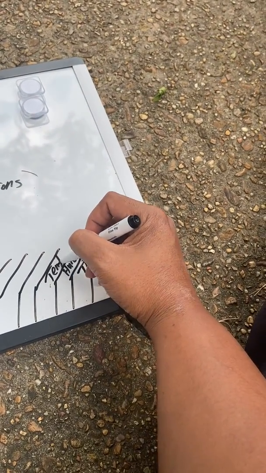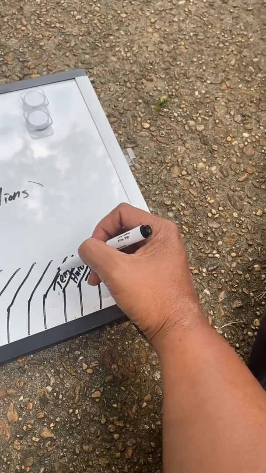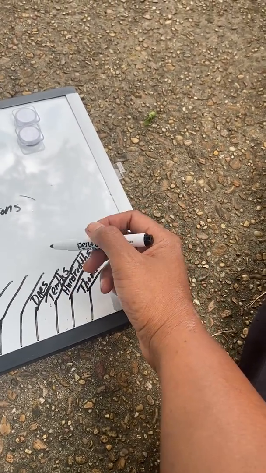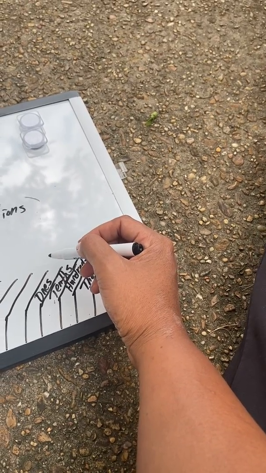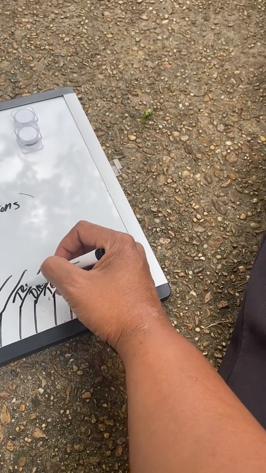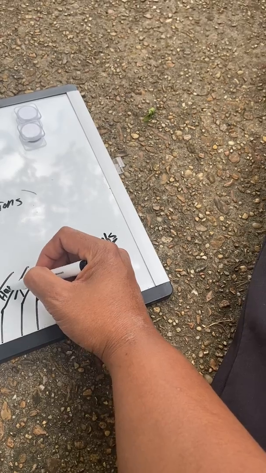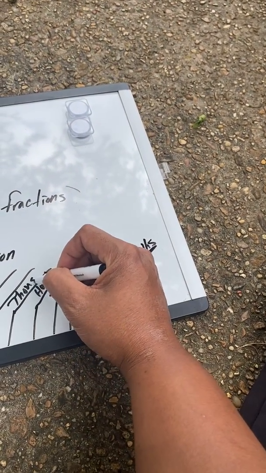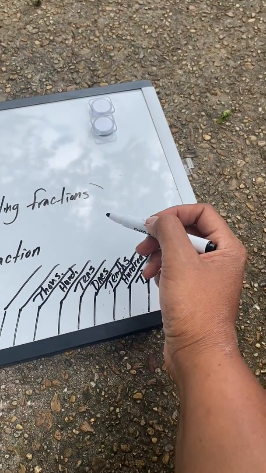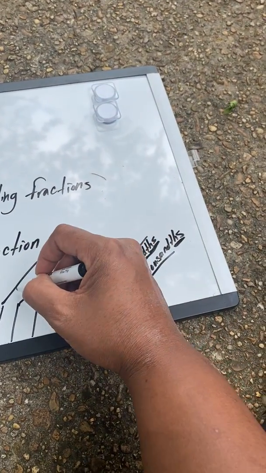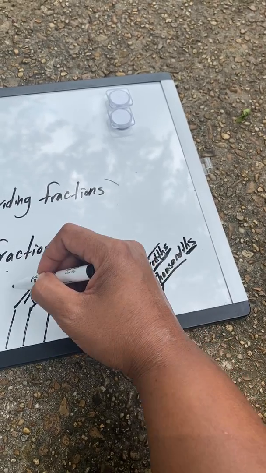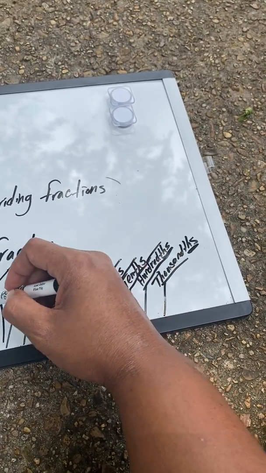Tenths, T-H-S again. And then we have the ones. And then we have the tens, hundreds, thousands. Look at how it's spelled. I'm not adding a T-H-S to anything. And then it goes into the ten-thousandths, and so on.